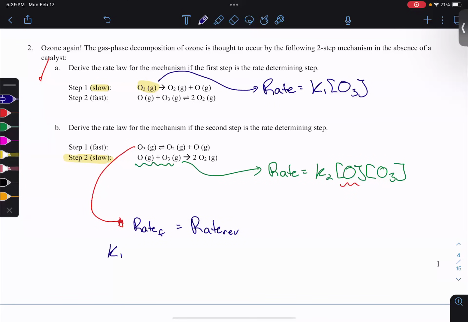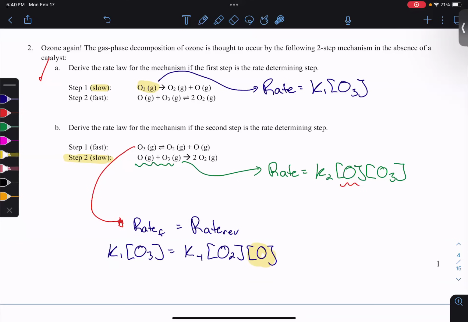So we can write the forward rate law: k1 times O3 concentration equals k-1 times O2 concentration times O concentration. What I want to do is isolate O in terms of things that we know, so I can replace that O in our original rate determining step with other concentrations.